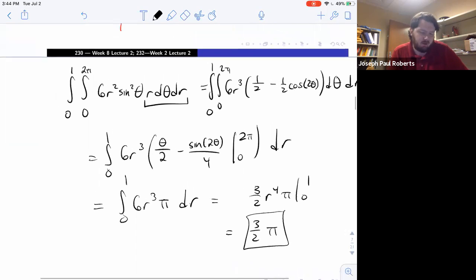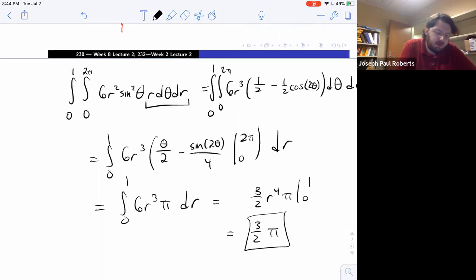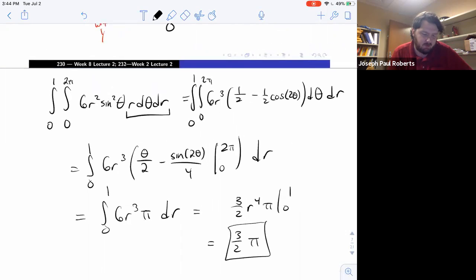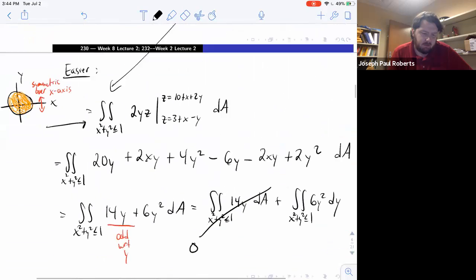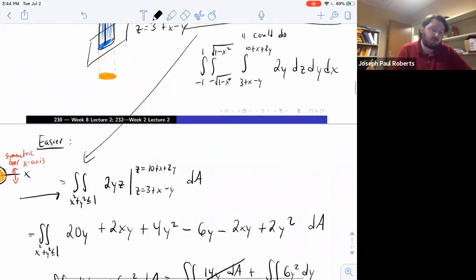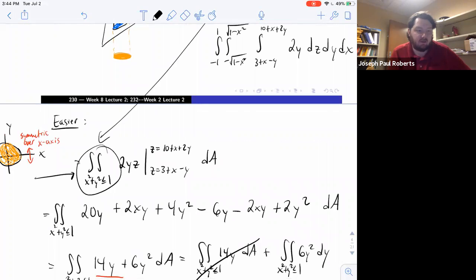So a lot of that, not so bad. Just make sure you remember the identity for sine squared theta so you're able to anti-differentiate. Like I said, you could write this out as a fully set up triple integral with all of your x, y, and z bounds, but because of that disk, you're going to want to switch to polar anyway, so you might as well just leave it like I did right here.